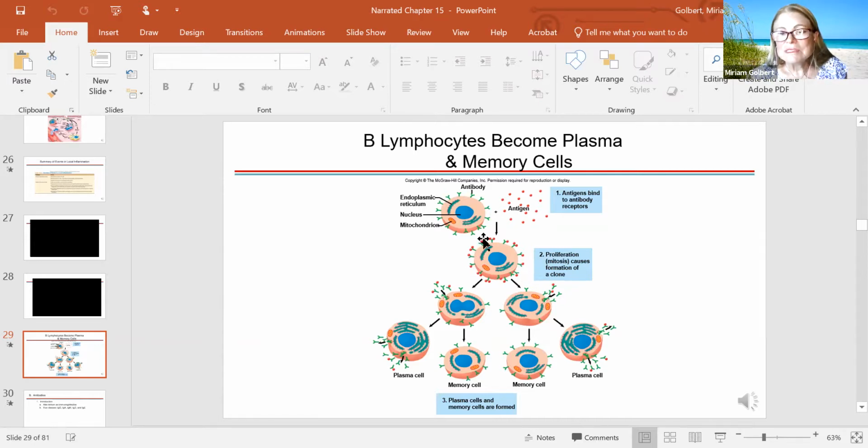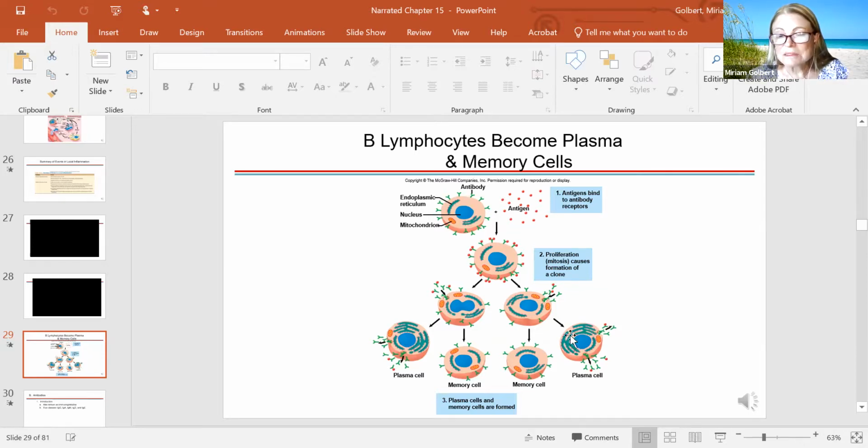And we can see here how these antibodies are on the surface of the B cell. So at this moment, what happens is that this B cell will start dividing and creating little clones of itself. So a clone is something that is the same, right? Exactly the same. So these little clones are going to become plasma cells.